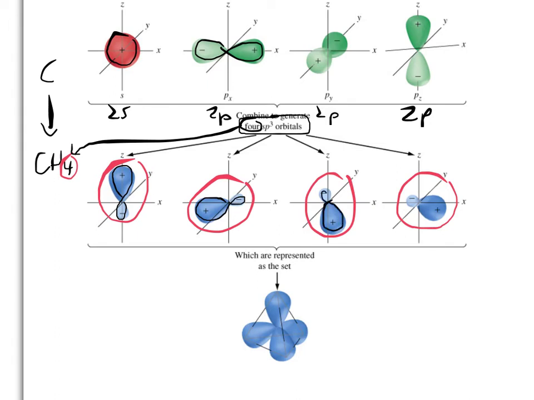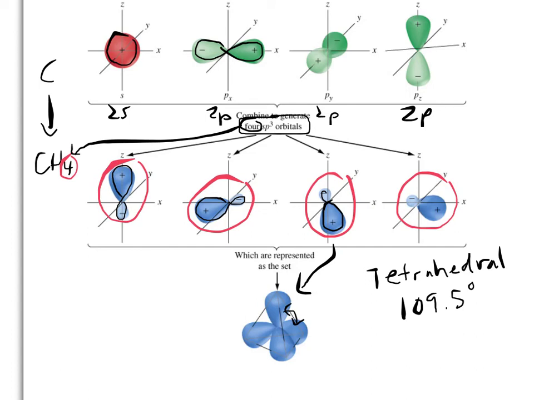And then if these are all arranged around a central axis, what we get is a three-dimensional structure that looks like this. And now from our VSEPR theory, we should see that this looks very, very familiar to what we've built with our models and represents the tetrahedral structure that methane has, with the bond angle between every bond of 109.5 degrees.